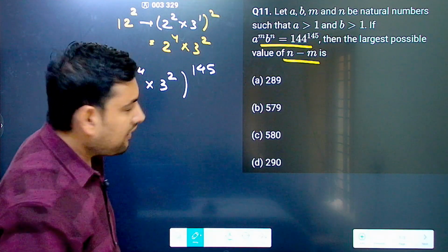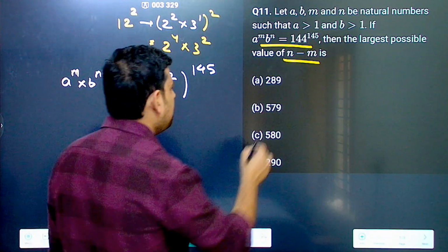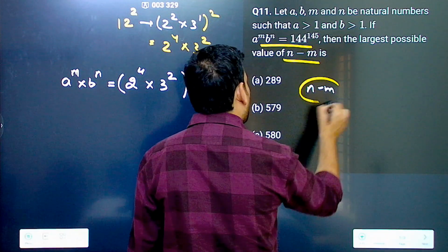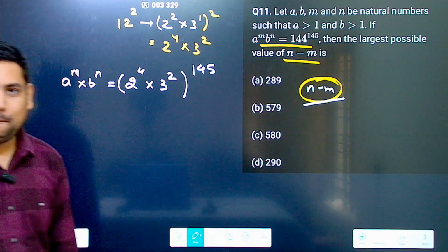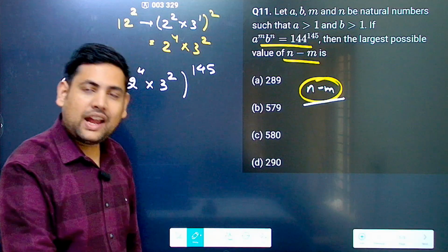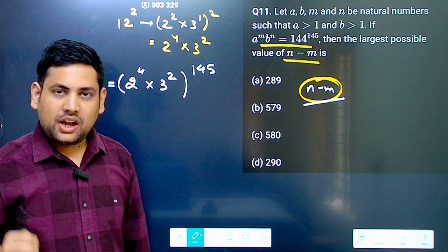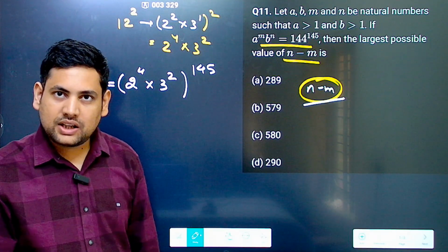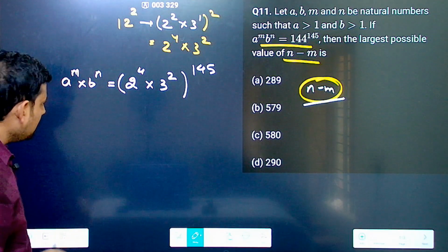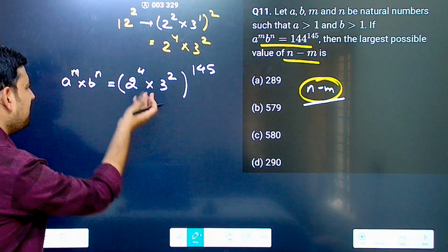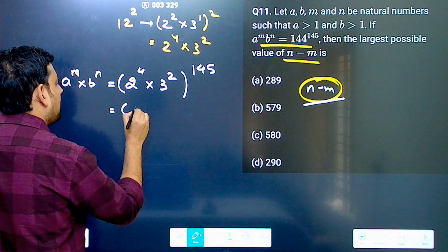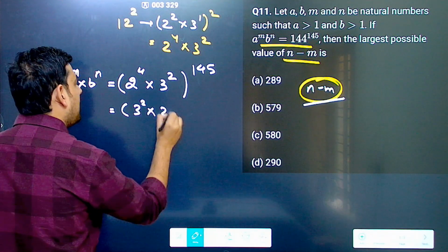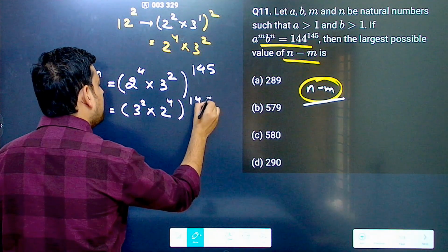Now I have to maximize the value of N minus M. Now how do I maximize N minus M? I will want to make N as big as possible and M as small as possible. This is the scenario, correct? Now let's see how I do this. So I first write it like this. Why? Because I want to make N very big.